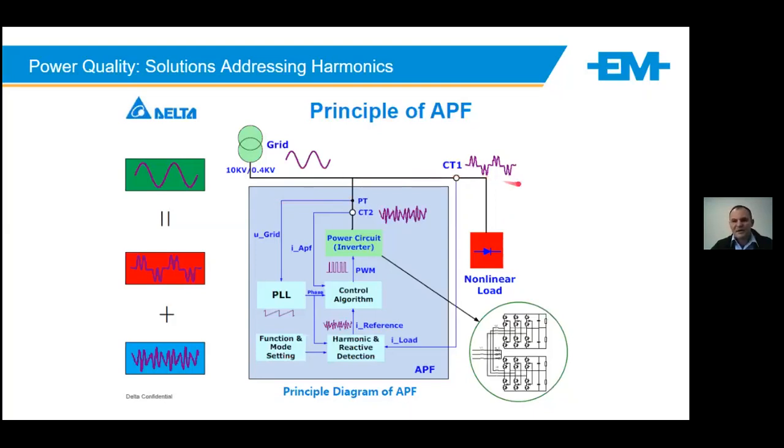Okay. As mentioned, the current harmonic will result in a voltage harmonic, which will be seen by the total grid.